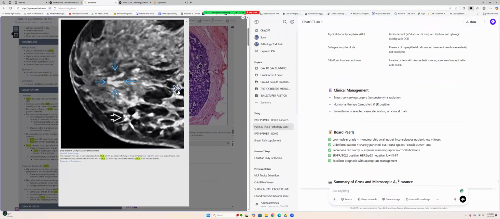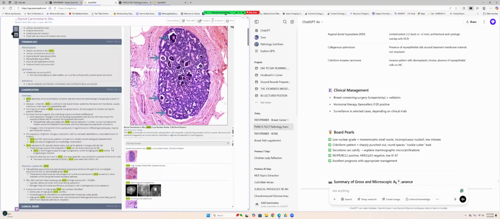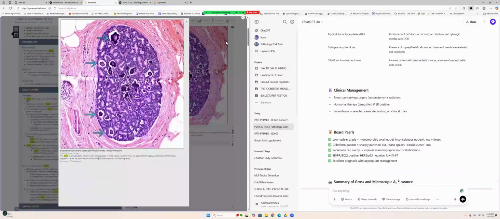Magnetic resonance. What is MR? MR is sensitive for detecting DCIS, but not specific.